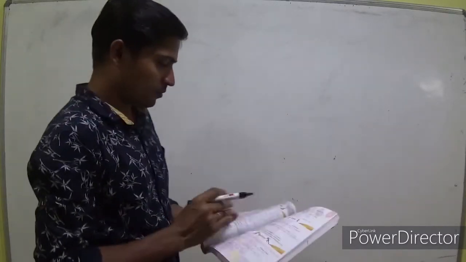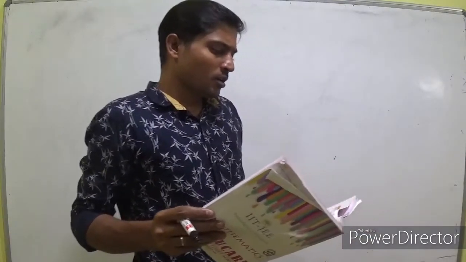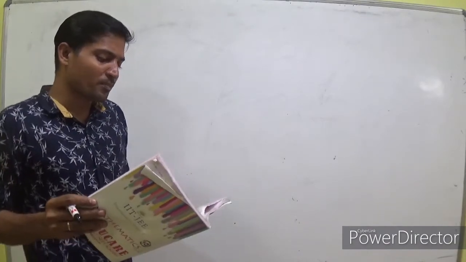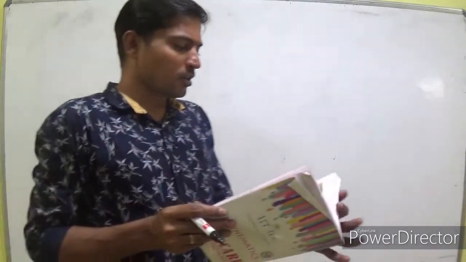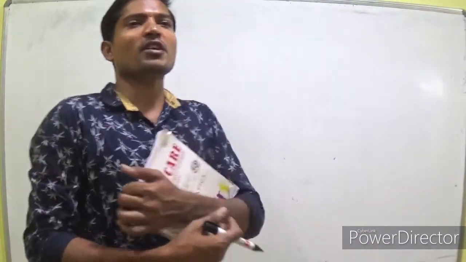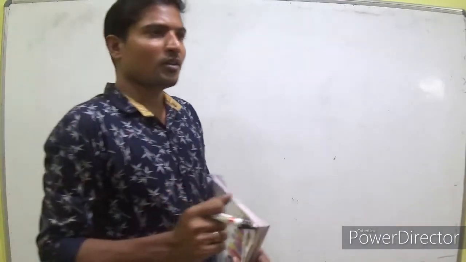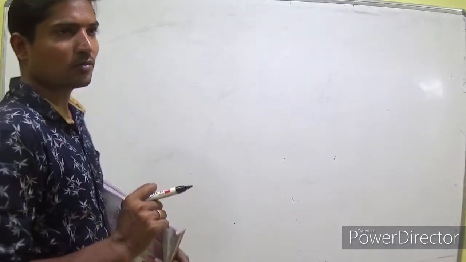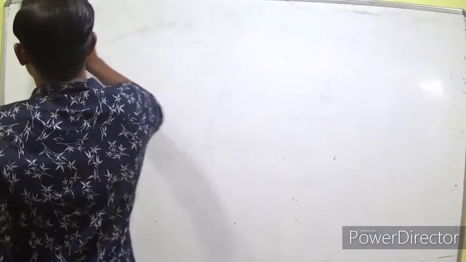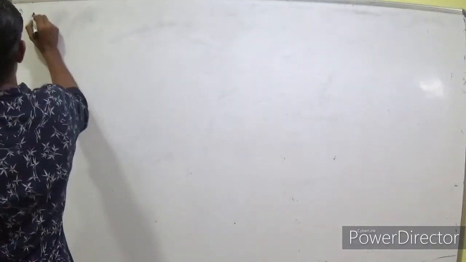First problem, the polar of the point with respect to the circle. So the polar of the point x1 comma y1 with respect to the circle is S1 equal to 0. Very first one.